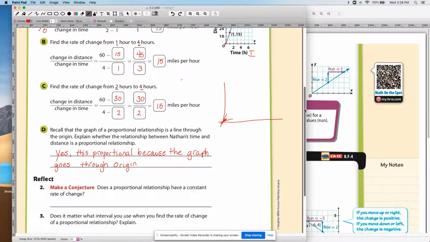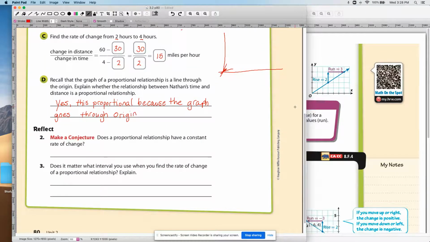Okay. There are other cases where it may not go through the origin, and we'll get to that soon enough. Okay. Does a proportional relationship have to have a constant rate of change? Well, yes, it does. Otherwise, it would be a line like this.